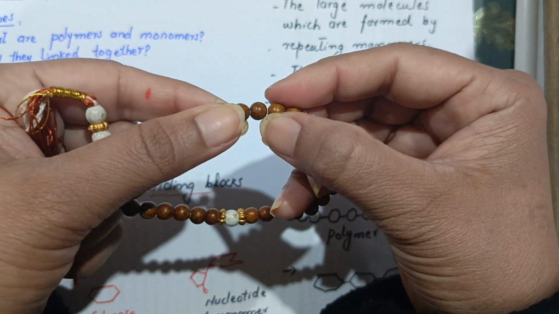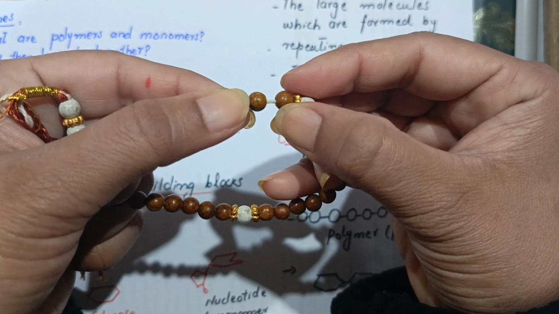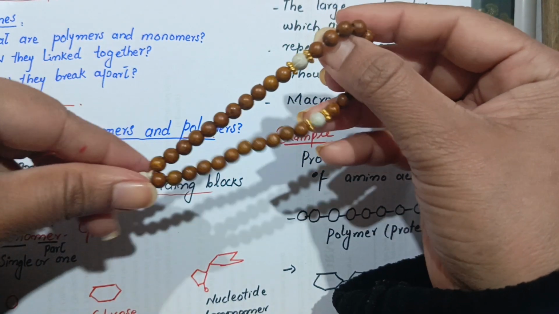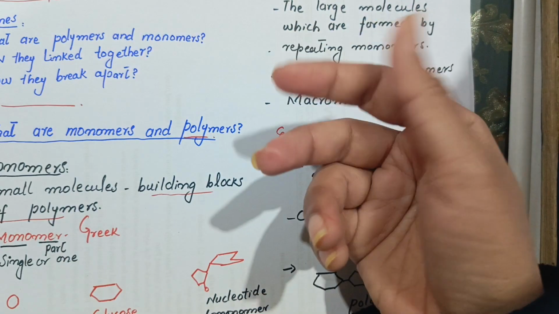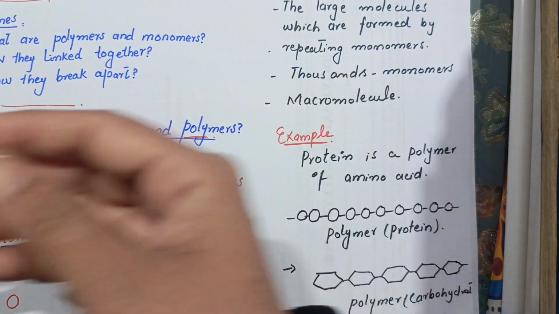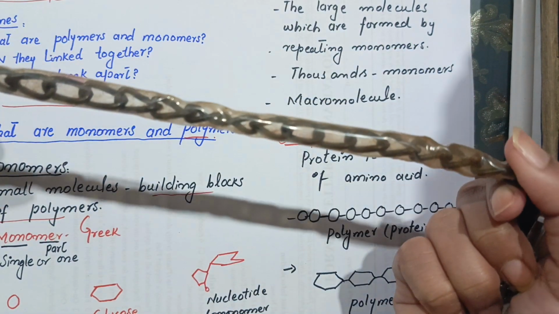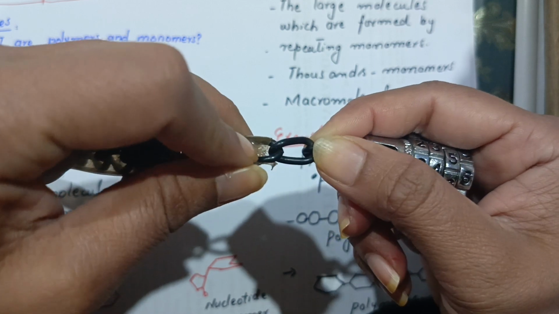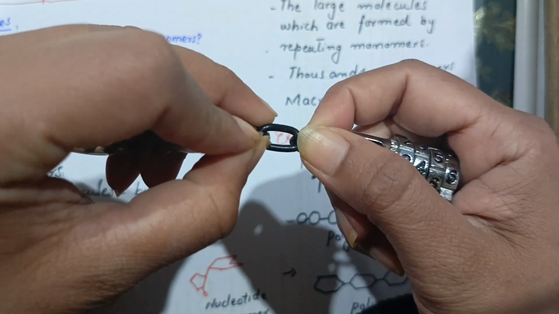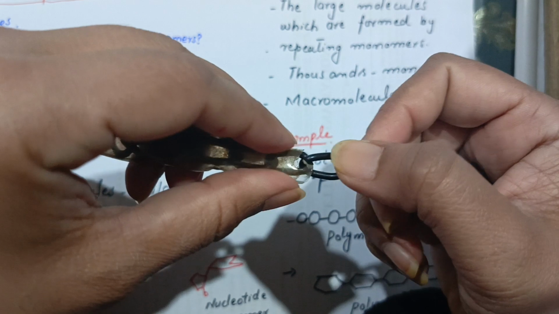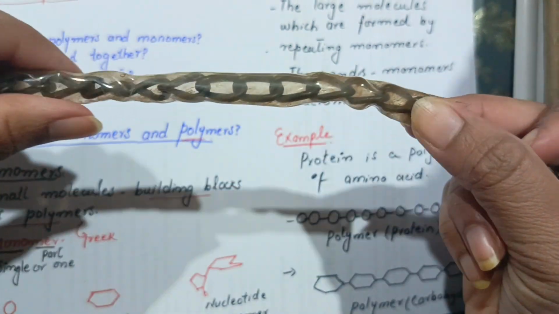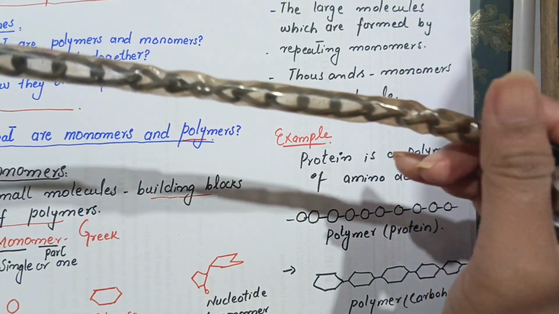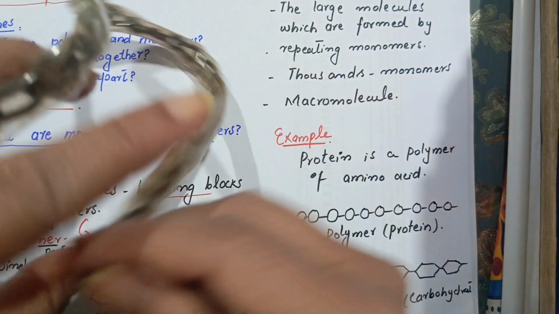Like this the whole structure is formed. Another practical example is a polymer just like a chain in which this simple ring structure is its monomer, and when thousands of ring structures combine together, they form a larger molecule which we call a polymer.